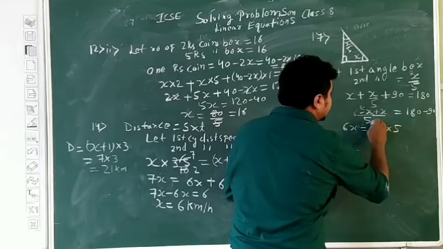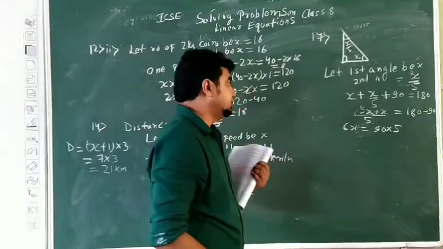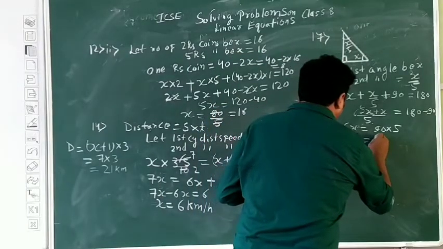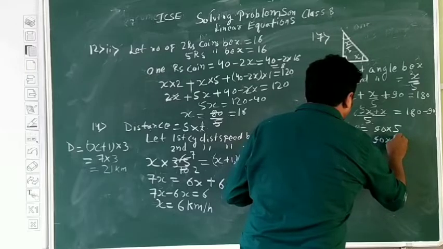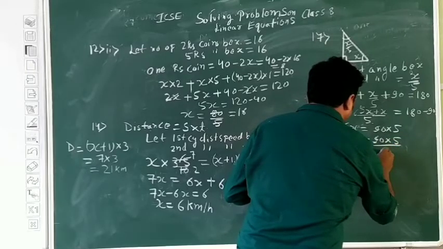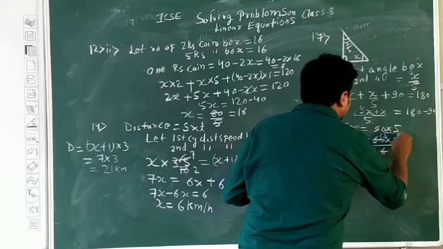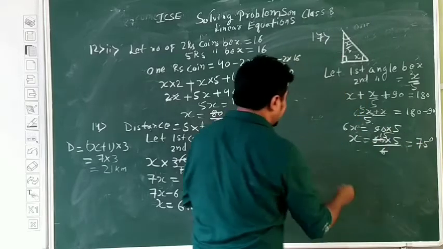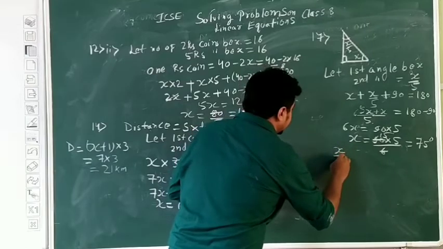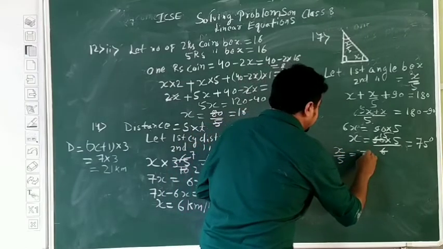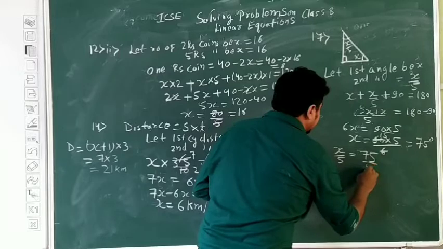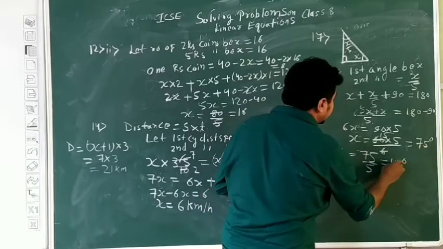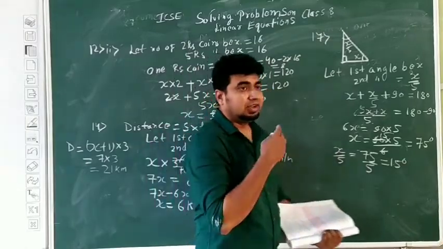So x will be equal to 90 into 5 divided by 6, which is 15 times 5. So we are getting x value as 75 degrees. So x by 5 will be equal to 75 by 5, which comes out to be 15 degrees. So one angle is 75, another is 15 degrees, and the other is 90 degrees.